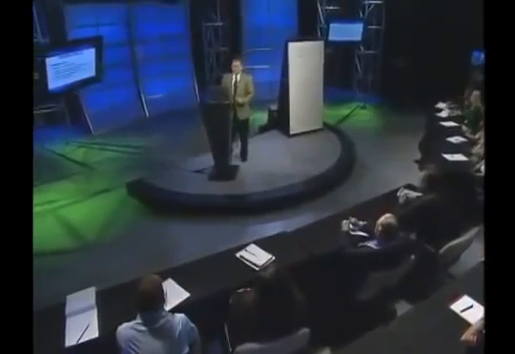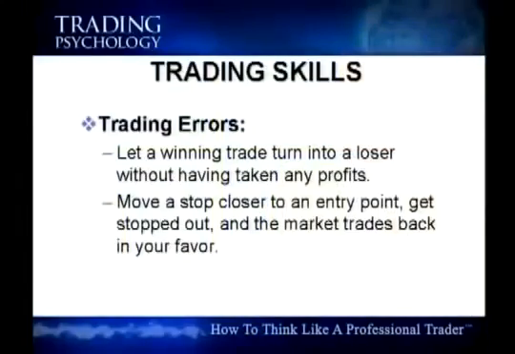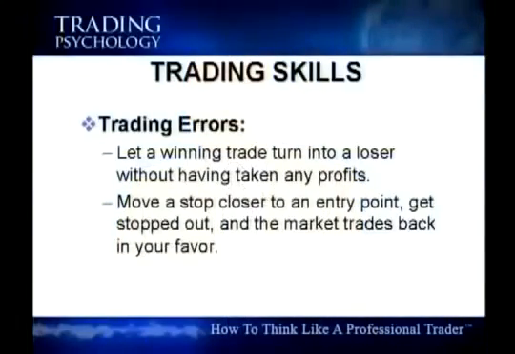Get out of a winning trade too soon and leave money on the table. There isn't a trader alive who hasn't experienced that. Let a winning trade turn into a loser without having taken any profits. All these errors are the result of thinking, assuming, or believing that we know what's going to happen next. Move a stop closer to an entry point, get stopped out, and the market trades back in your favor.